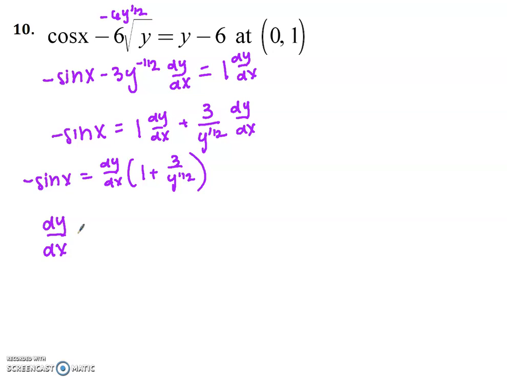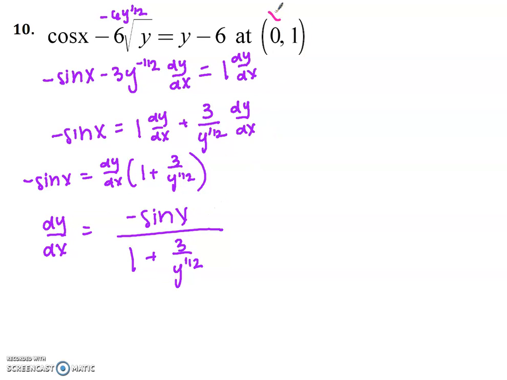So for dy dx, we're going to get negative sine over 1 plus 3 over y to the 1/2. Okay. So if this question was just saying find the derivative, we couldn't leave it like this because we have a fraction and fraction. So I'd multiply all 3 parts by a y to the 1/2. Okay, but this one, since it wants the equation of the line, I'm not going to spend time simplifying this.